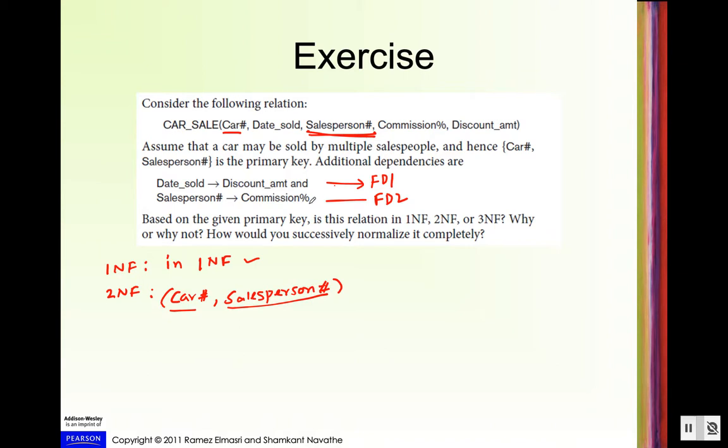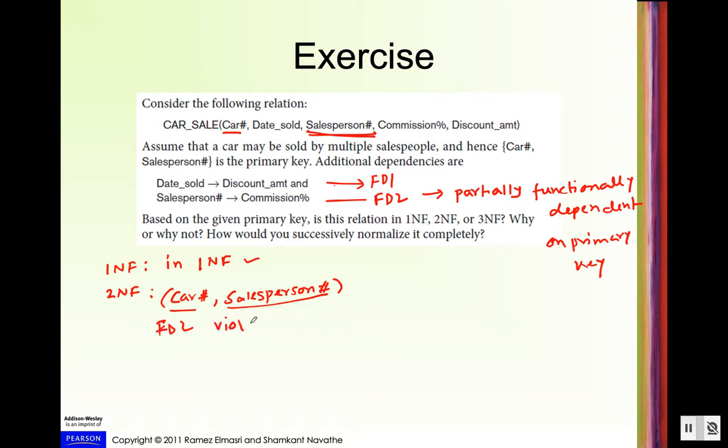So this functional dependency is partial on the primary key, which violates second normal form.